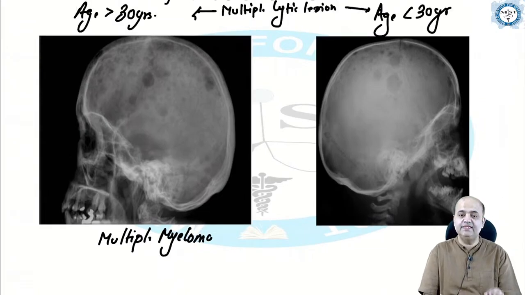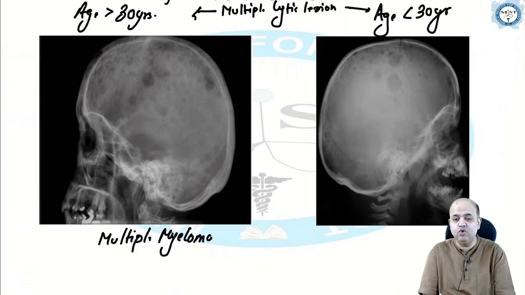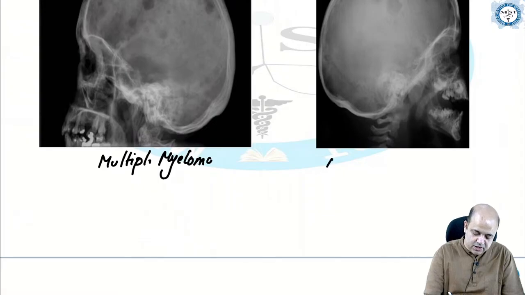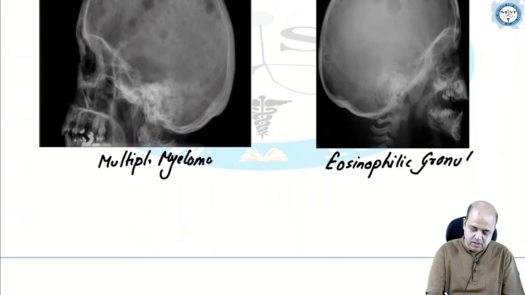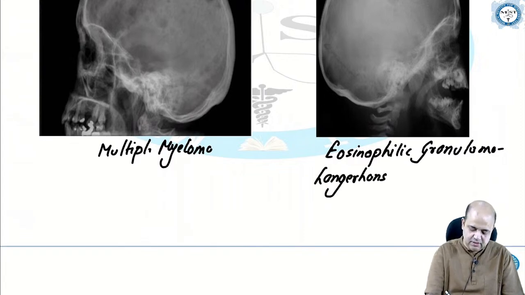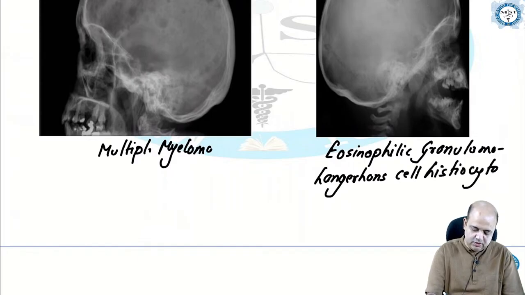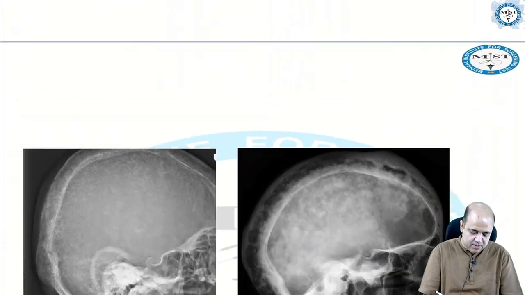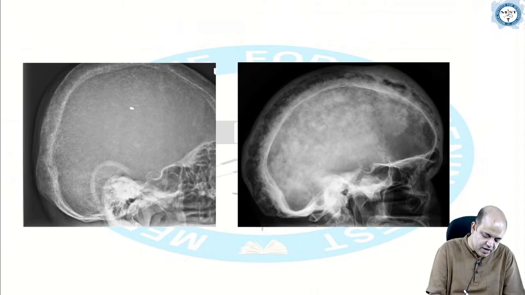If the age is less than 30 years, it is eosinophilic granuloma, or Langerhans cell histiocytosis.